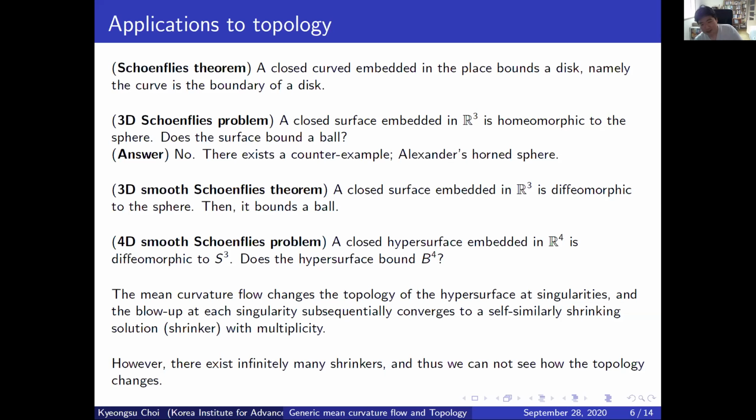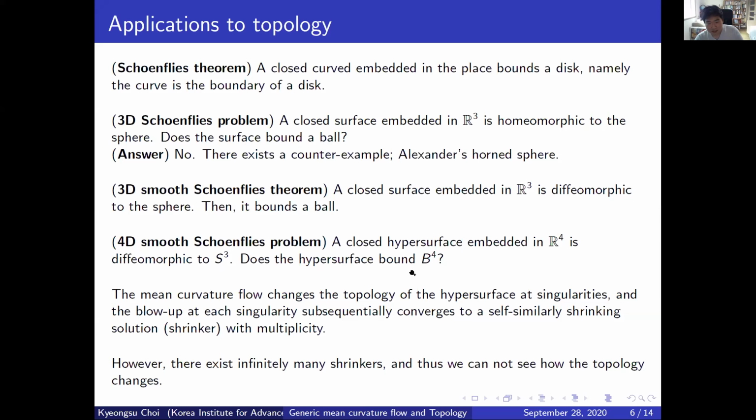And for the flow people: if you assume that the initial data is 2-convex, then it must develop only S2 cross R1 singularities, and then we can show that this statement is true.